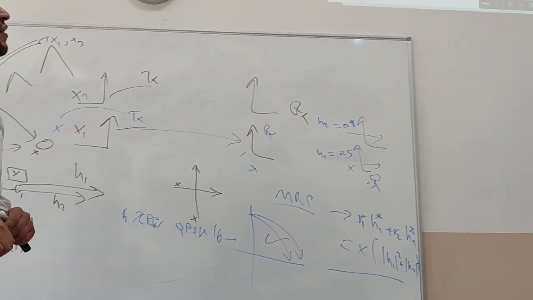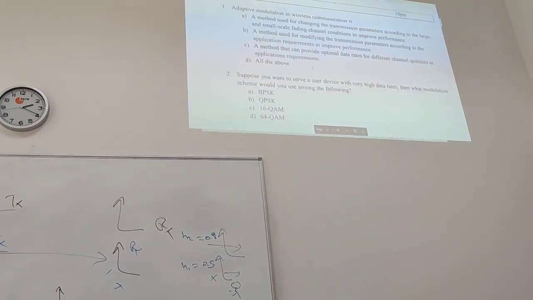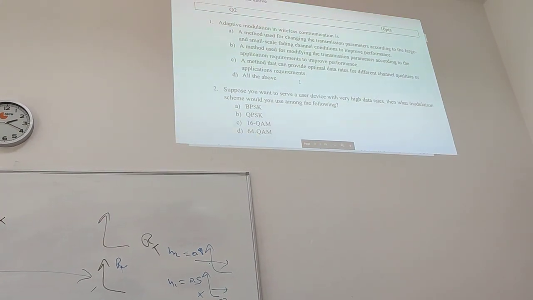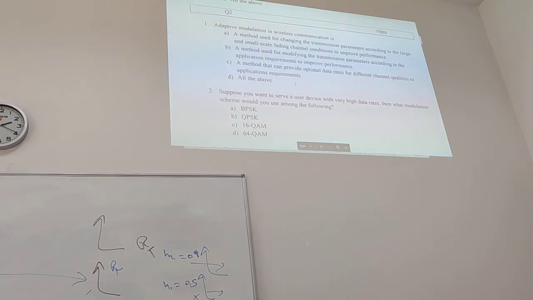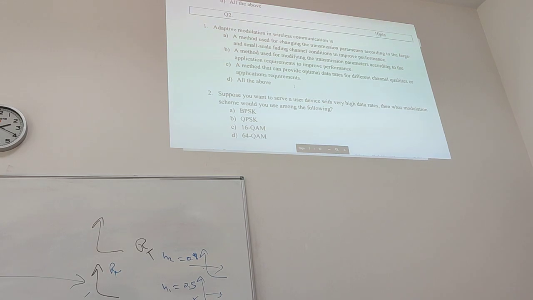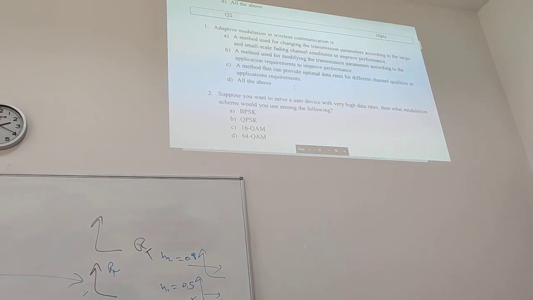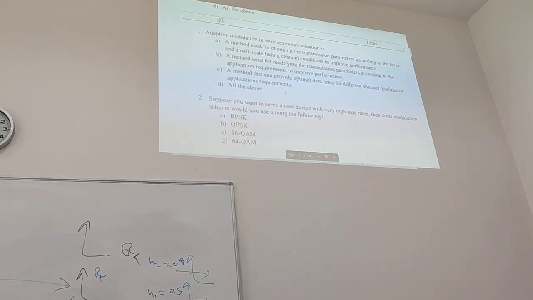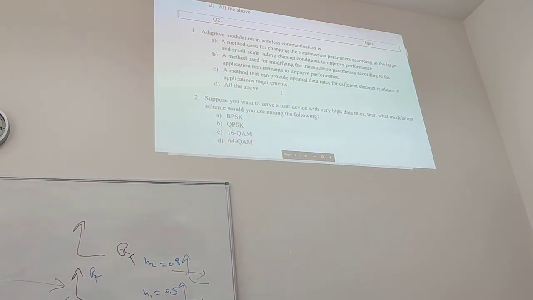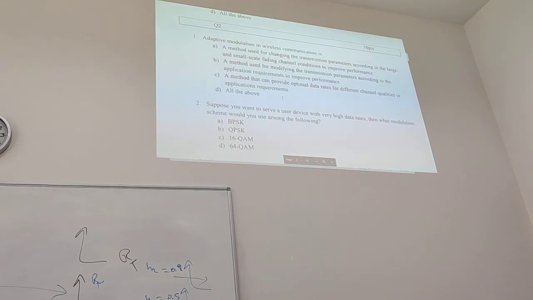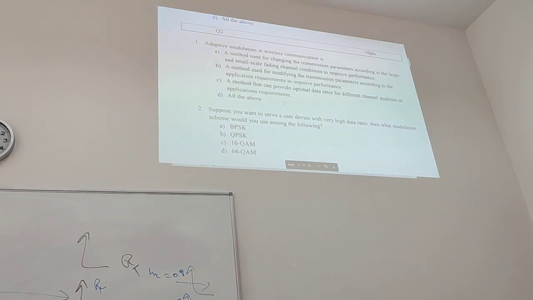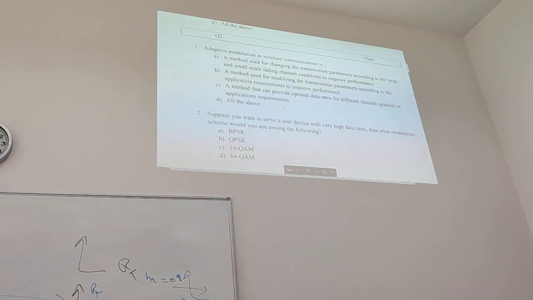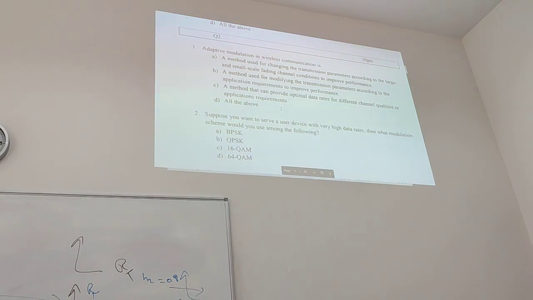So the correct answer is D. It includes the environment, like small scale fading, large scale fading. Give me an example of large scale fading, path loss. If the user is closer to the base station, this means that the signal to noise ratio is large, and this means that I can provide a higher data rate. Isn't that right?